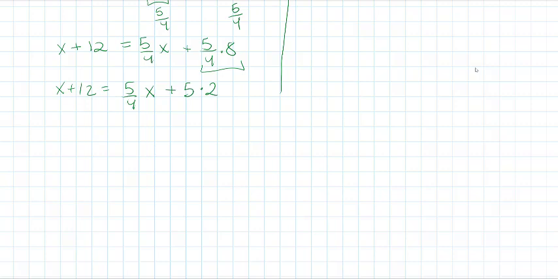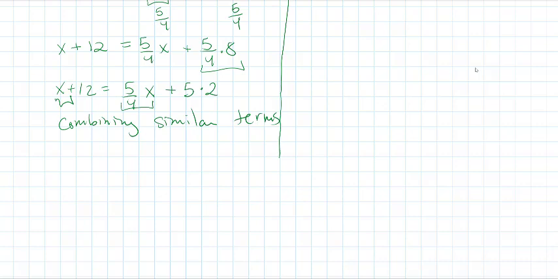Okay, now let's start grouping or combining similar terms. Let's start with our variable terms. We have 5 quarters x here and 1x here.